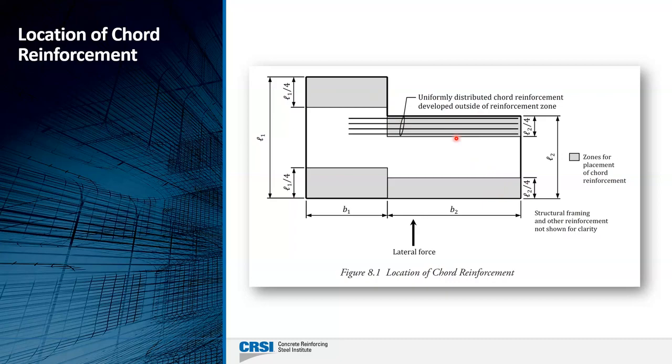In some cases, it might be better because of possibly congestion issues or whatever the case may be. You do have this option. The only thing is, if you have a situation like this, you want to make sure that this chord reinforcement is developed into the adjoining part of the slab, tension development length into that adjoining part of the slab.